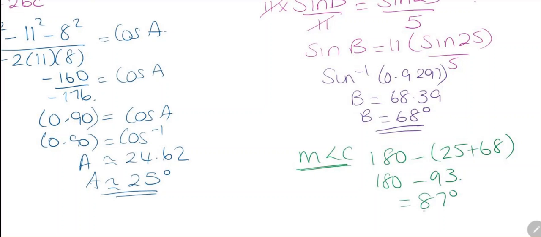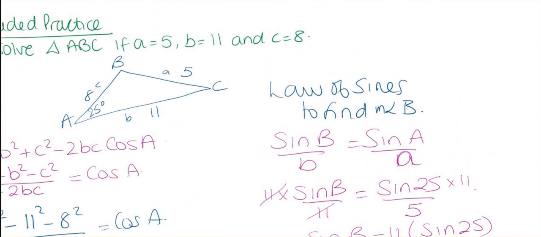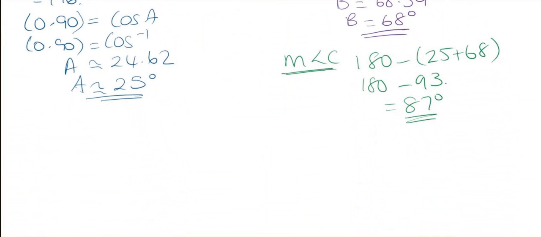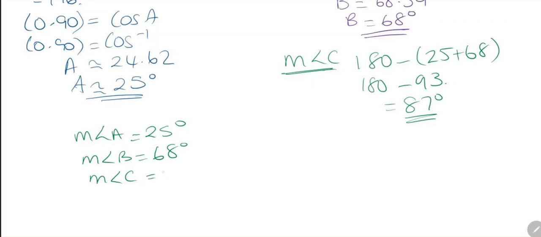So our angle C would be 87. So we've got our three angles. So the measure of angle A is 25, the measure of angle B is 68, and the measure of C is 87.